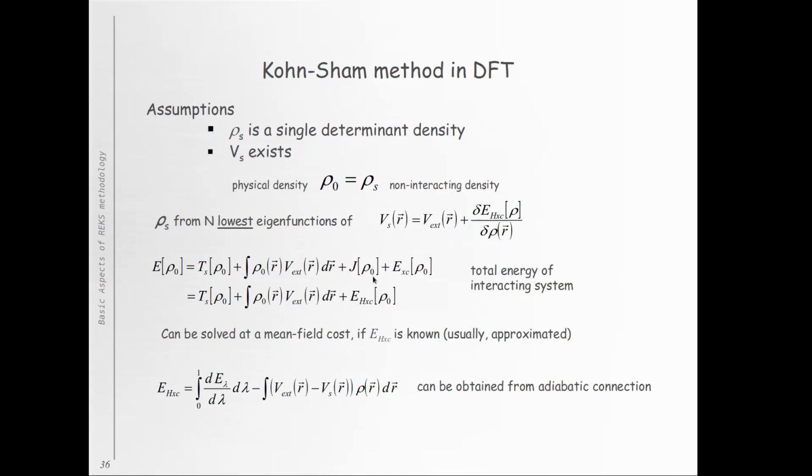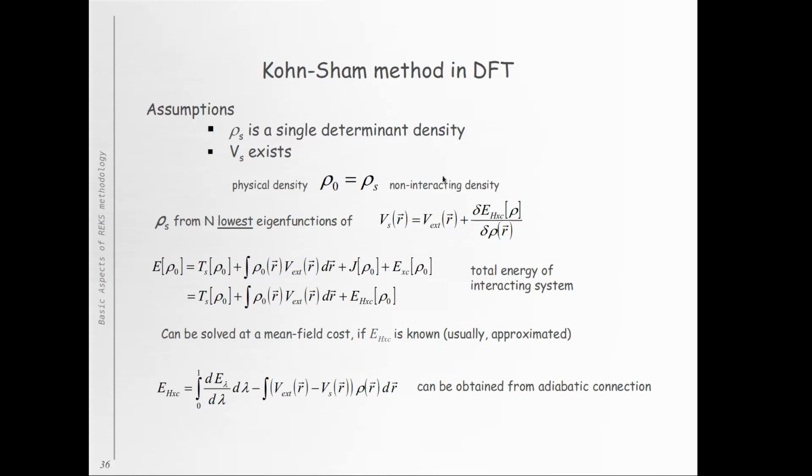The classical Coulomb repulsion is known exactly for the given density. Then we obtain the following expression for the modified Kohn-Sham potential as a sum of external potentials, for example, the electron-nuclear attraction potential, plus the functional derivative of the exchange-correlation energy with respect to the density.